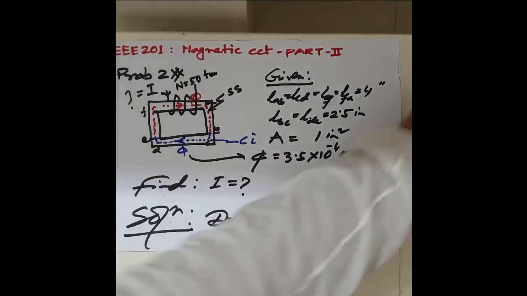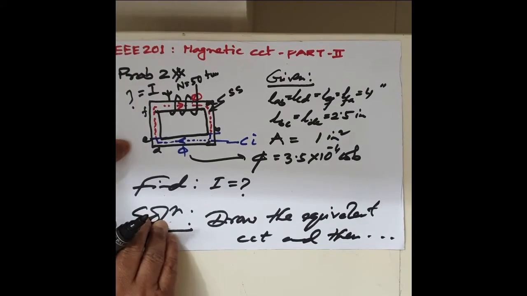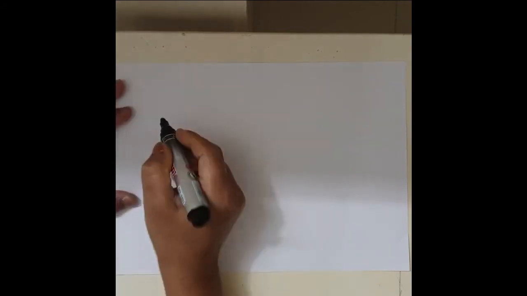go ahead. So if you want to draw the equivalent circuit for this magnetic circuit, the equivalent circuit will look like this.